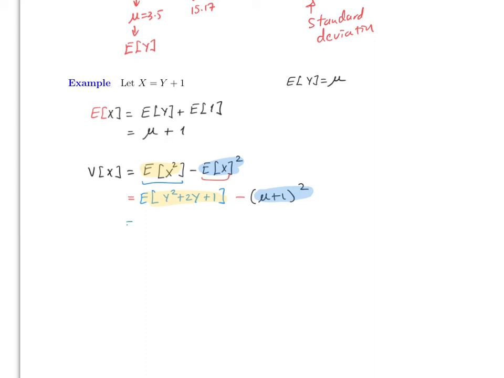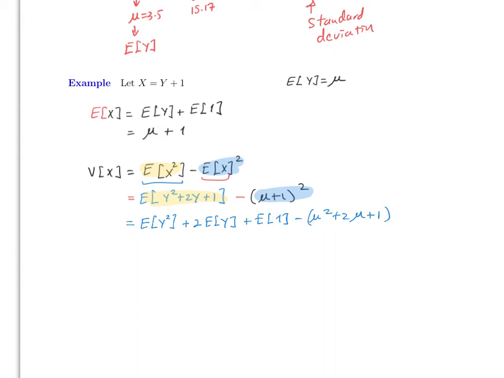So if you expand this, it will be the expected value of y squared plus 2 times the expected value of y plus the expected value of 1, minus mu squared plus 2 mu plus 1.